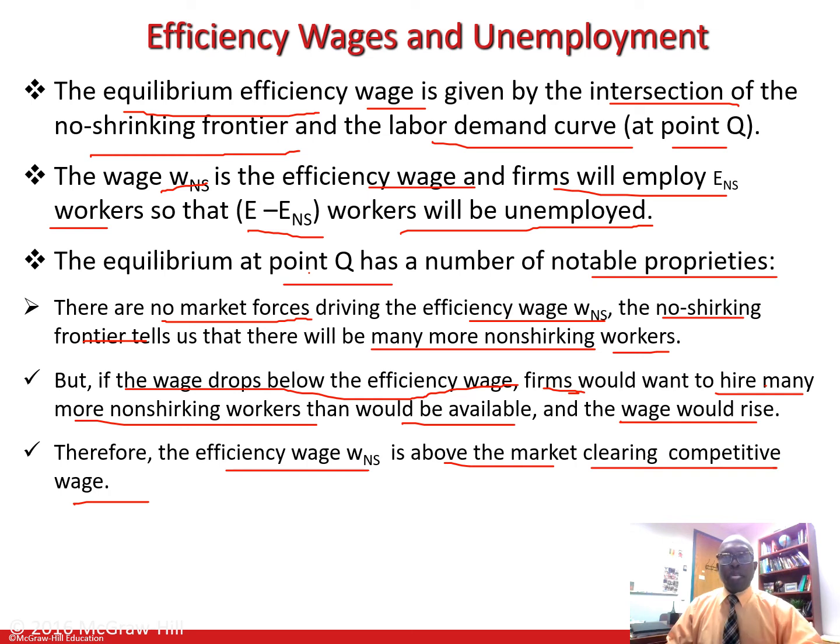Some empirical studies document a negative correlation between wages and unemployment across regions. Specifically, wages tend to be high in regions where the unemployment rate is low, and wages tend to be low in regions where the unemployment rate is high.